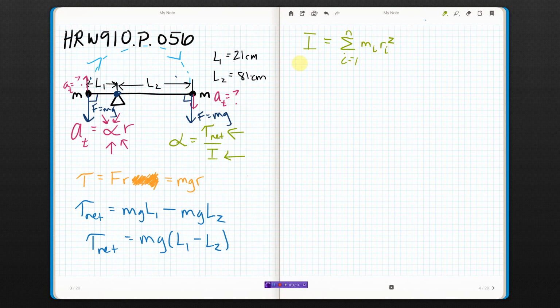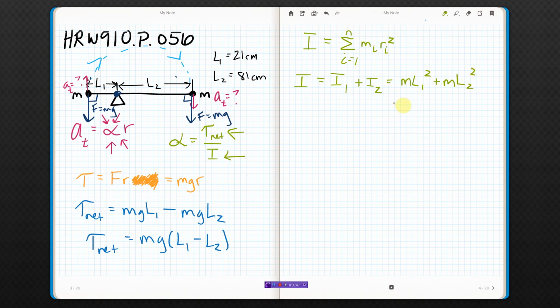Okay, and I only have two particles, so the moment of inertia is the moment of inertia of one of those particles plus the moment of inertia of the other particle. That's all. For the first, m is m, and r is L1, so it'll be m L1 squared plus, for the other particle, m is m and r is L2, so we get m L2 squared.